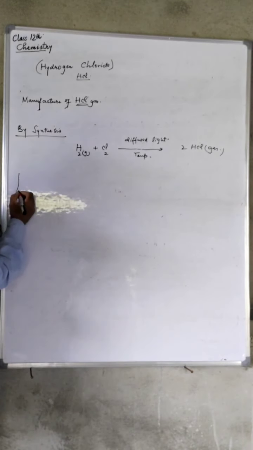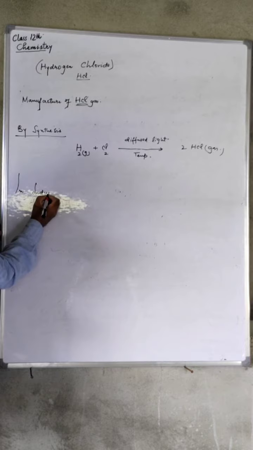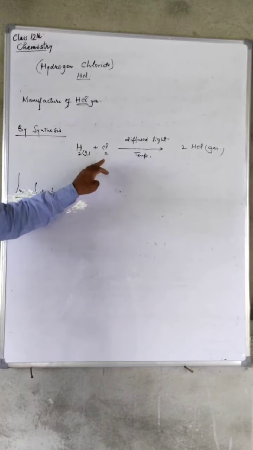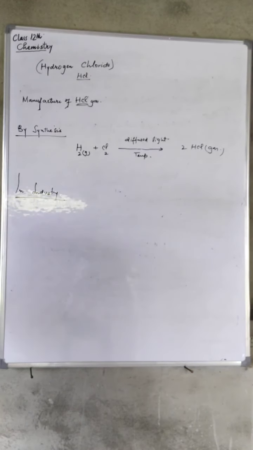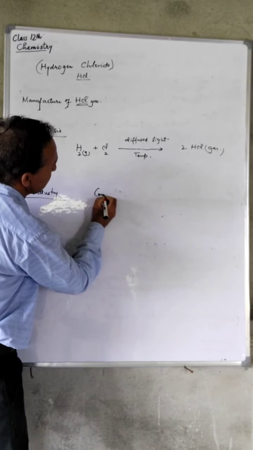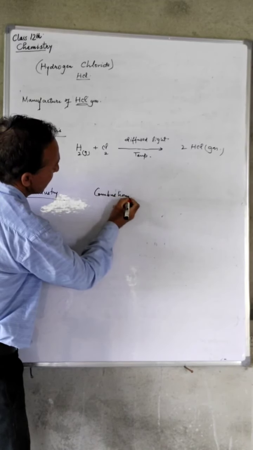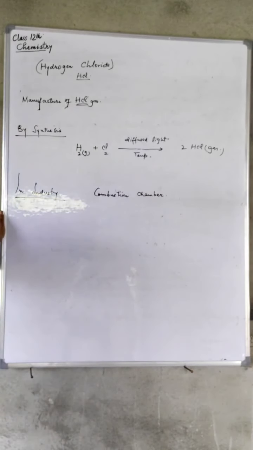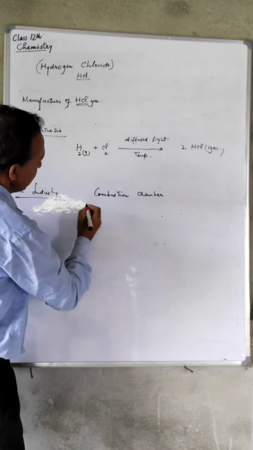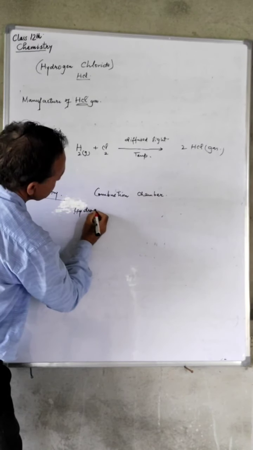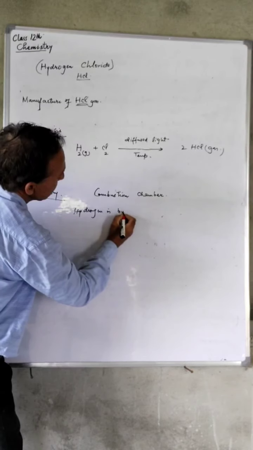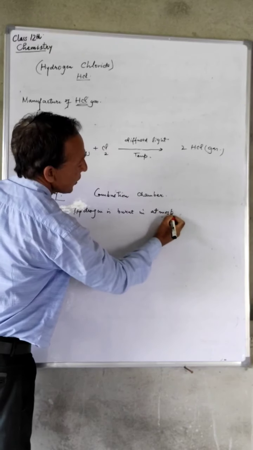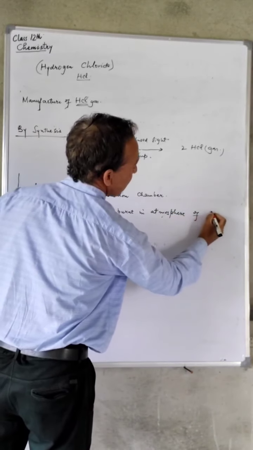In the industry, a known volume of hydrogen and chlorine is allowed to pass into a combustion chamber, where hydrogen is burnt in an atmosphere of chlorine.